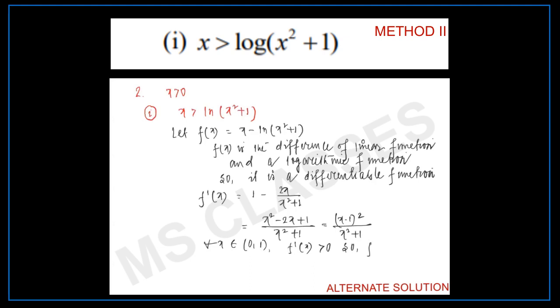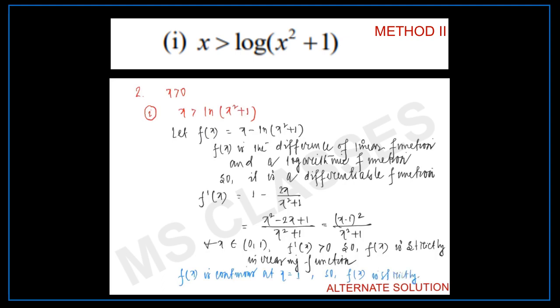So f(x) is a strictly increasing function. f is continuous at x equal to 1. So f(x) is strictly increasing for all x belongs to 0, 1.